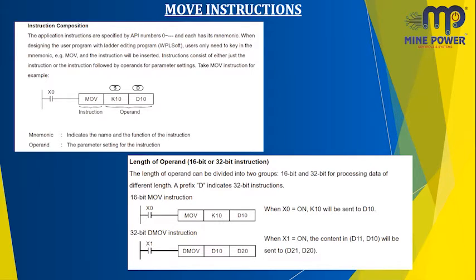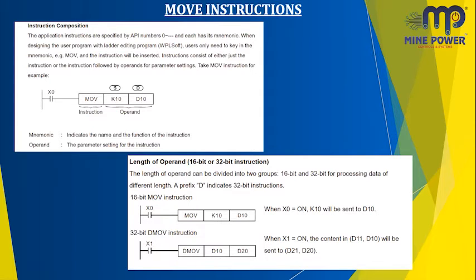The value given in K10 is moved to the D register, D10. In the program, when X0 closes and becomes NC, the value entered in K10 is moved to the D register.